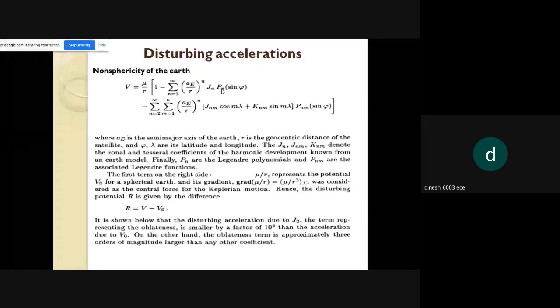Pn is the Legendre polynomial, and Pnm are the associated Legendre functions.